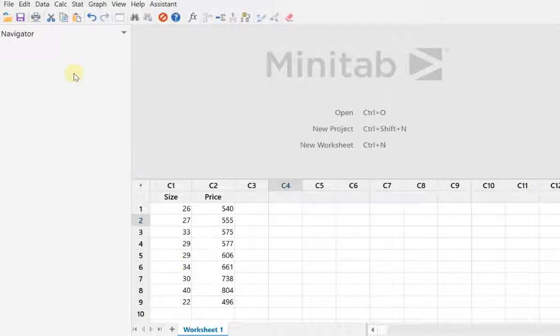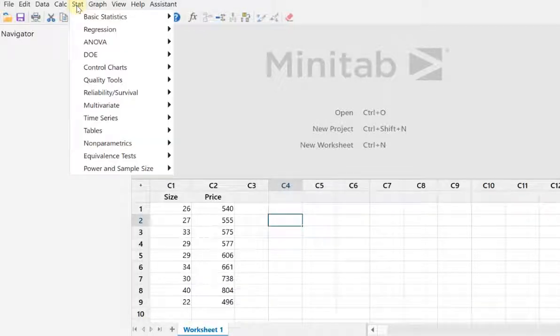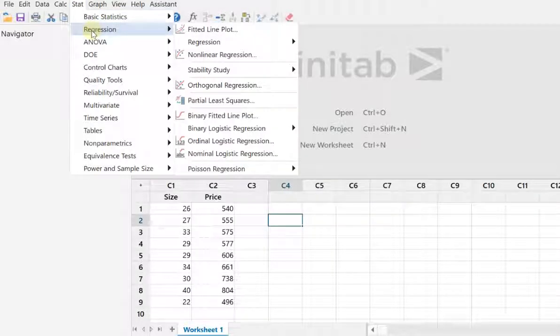I'll explain more about this assumption later on. Okay, let's go run our regression. So we're going to go to Stat, and the second entry right there is Regression. Notice regression is actually one of the most powerful tools at our disposal for predictions, by the way. And there are so many different kinds of regressions.